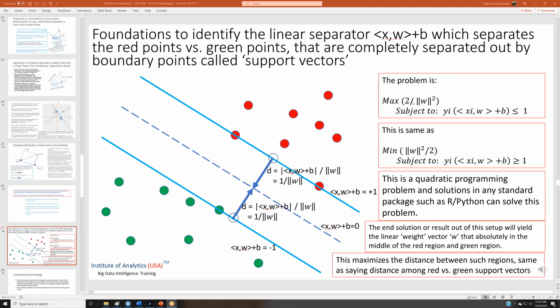Now, I can write this as, instead of saying maximizing W, listen very carefully, it's the same as saying minimizing this. Agree? I switched it. Sometimes we say minimizing, sometimes maximizing. Minimizing is what we like in general, because everything is minimization.